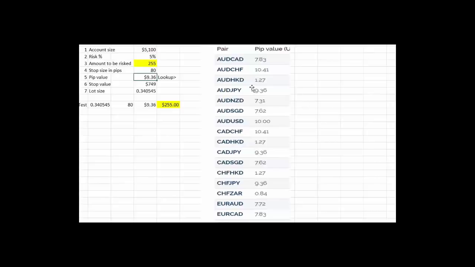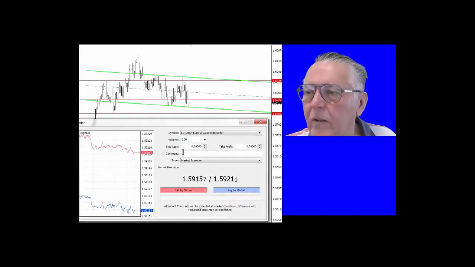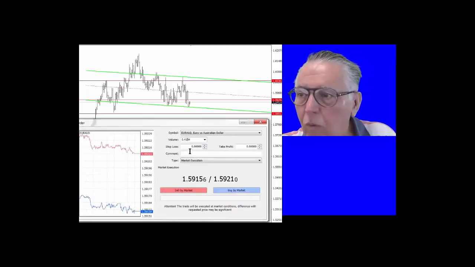I just need to look up the pip size for the Euro Oz, and here we have it. It's 7.72. So I put that in there, 7.72. And it tells me that I can trade 0.41 lots. So that's all I needed to know, 0.41. So I go here, and we enter 0.41 lots.